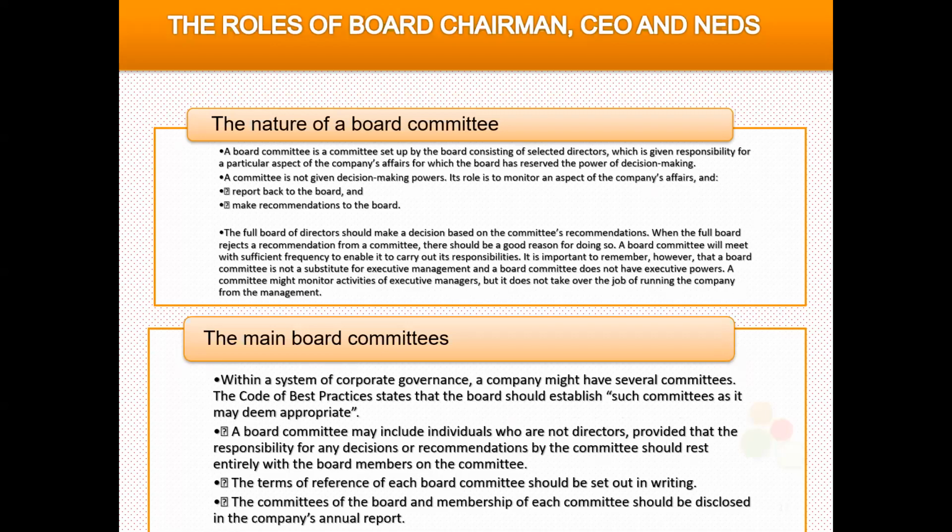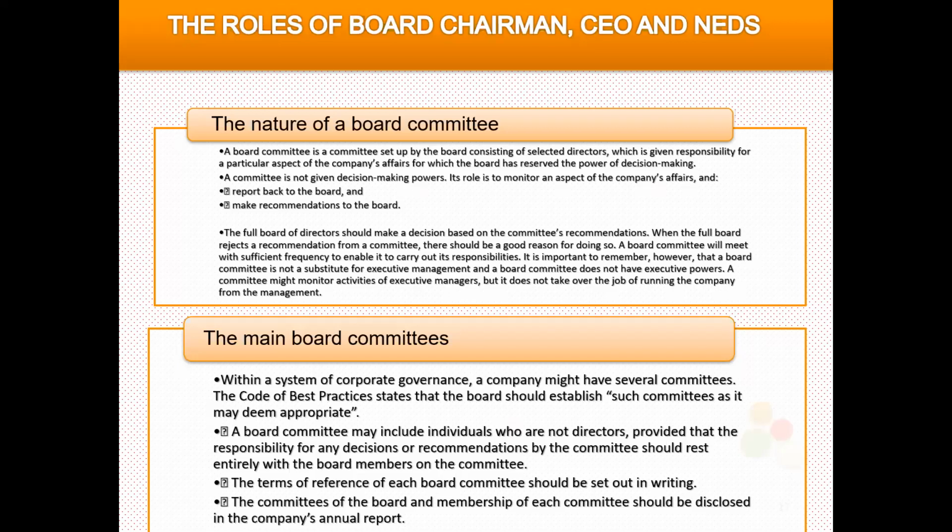The nature of a board committee. A board committee is a committee set up by the board consisting of selected directors, which is given responsibility for a particular aspect of the company's affairs.